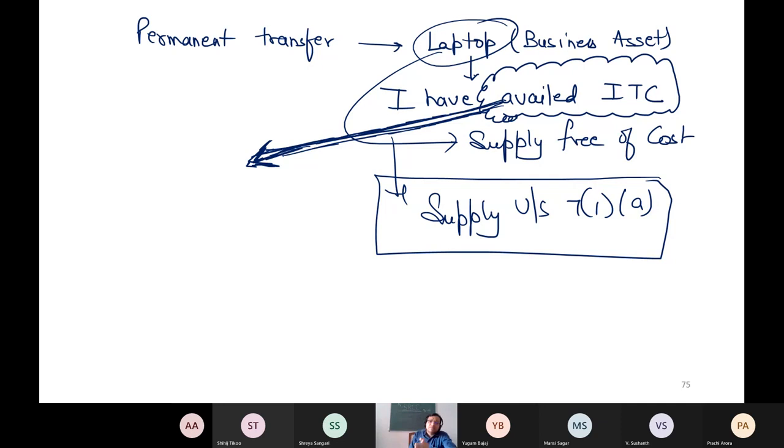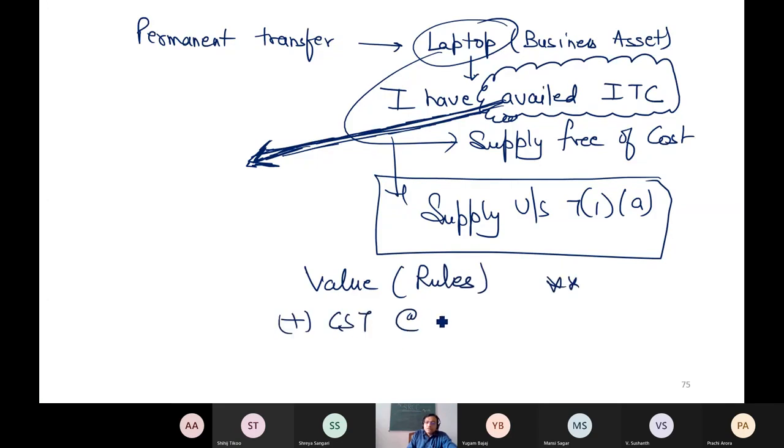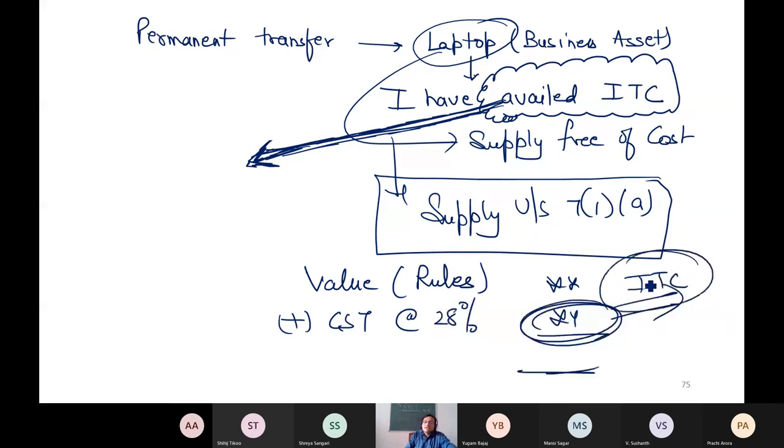The moment you treat it as supply, by default ITC will be taken back indirectly, because when you treat it as supply, you will compute some value as per some rules which I will tell you later on, and on this you will charge GST at the rate of, for example, 28%. So technically when you pay this tax, indirectly this will cover government's ITC amount also.